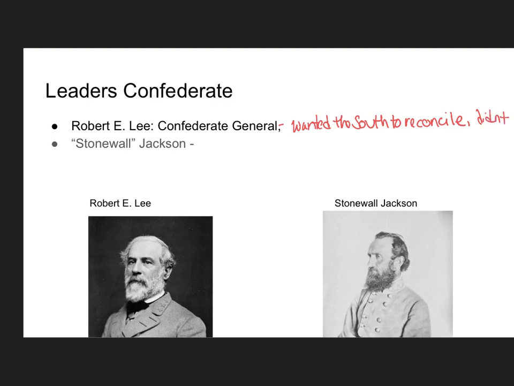He lived in Virginia. As a matter of fact, if you go to Arlington, you can see his house in the center of Arlington Cemetery. Stonewall Jackson was called Stonewall Jackson because he stood like a stone wall.